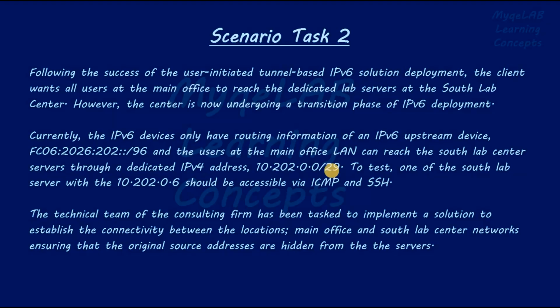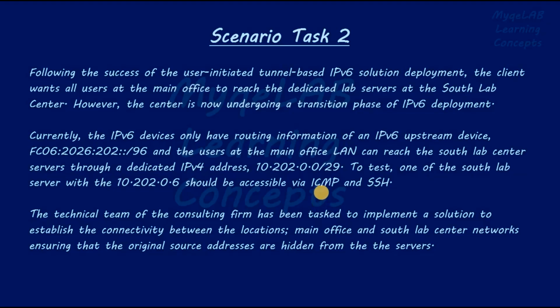In that lab center, they're running only IPv6. And the main office is running IPv4 only. But the client wants a connectivity between that main office and the South Lab Center, which doesn't make sense ordinarily, because IPv4 cannot automatically speak with IPv6 except through certain mechanism and means.